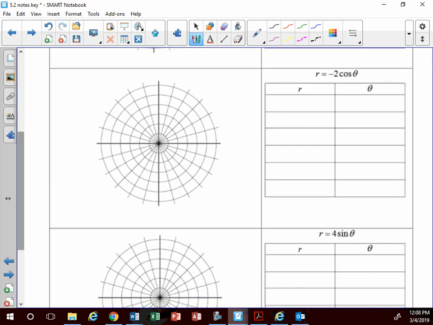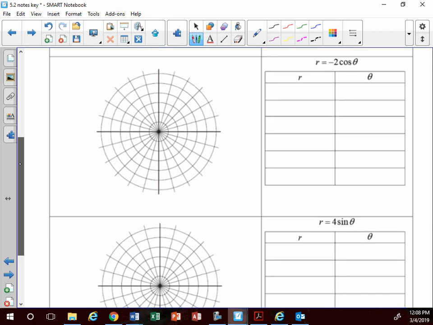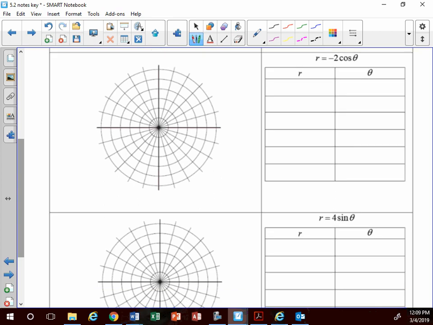All right, let's look at the next one. We're going to plot points again. So let's think about our angles. If theta is 0, what does r equal with this equation? Good. What if theta is pi over 3? Yes, I'm only picking ones that are nice. Negative 1. Good.